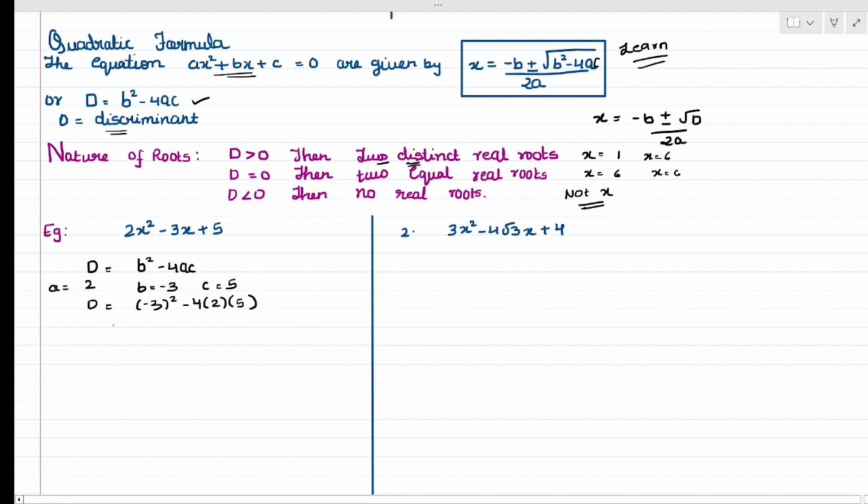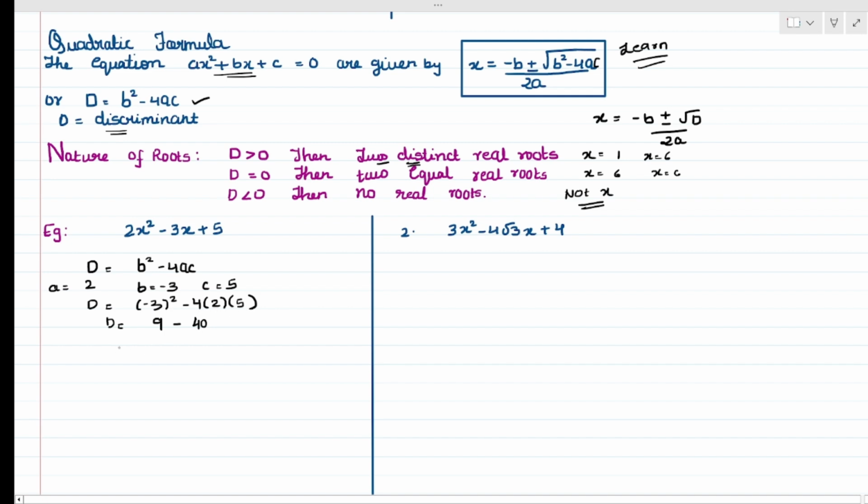Okay, so minus 3 square means d will be equal to 9. Minus 3 into minus 3 gives me positive 9, minus 4 5s are 20, 2 2s are 40. What will it become? 9 minus 40.